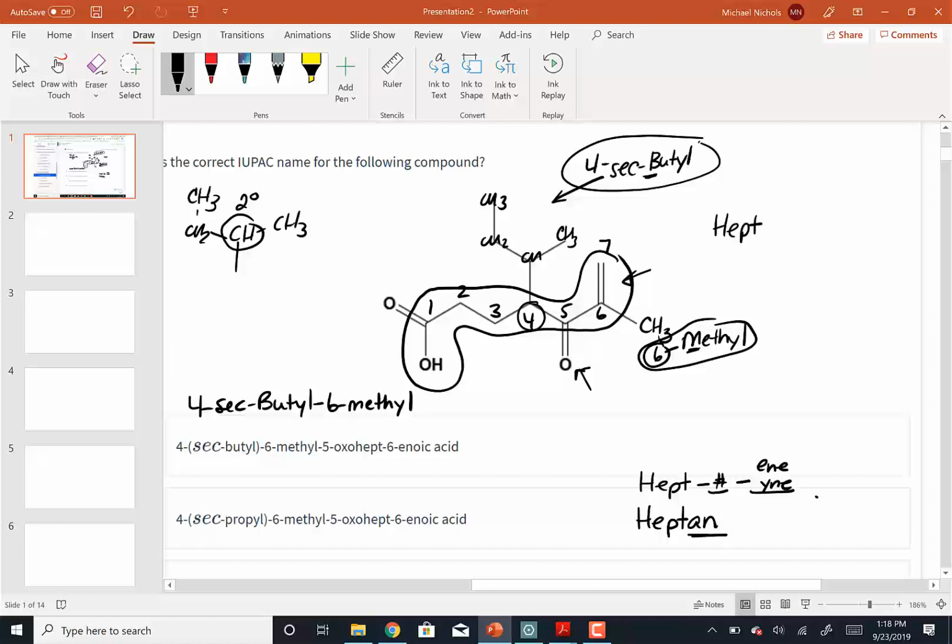And then what comes after that is going to be the highest priority group, the highest priority suffix.